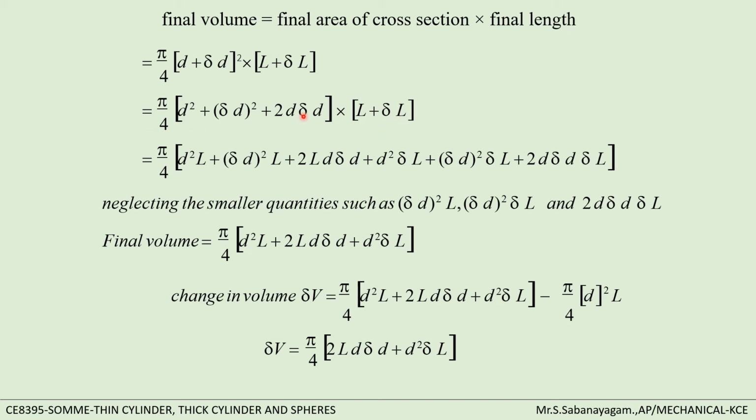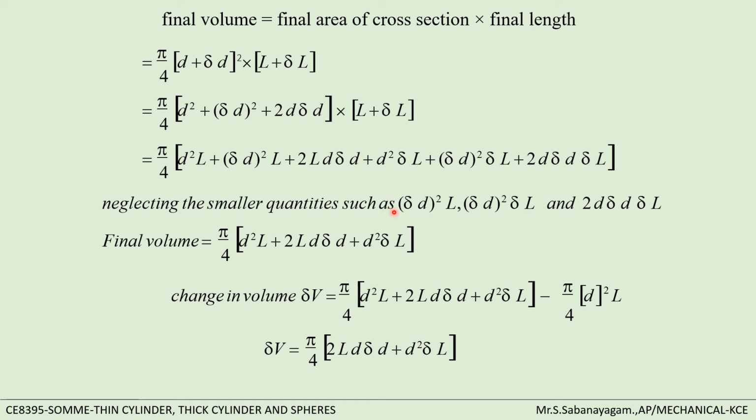So these two brackets getting multiplied, and hence this relation will become pi by 4 d square L plus del d square L plus 2L d del d plus d square del L plus del d square del L plus 2d del d del L. So neglecting the smaller quantities, that is del d whole square, del L, so like that.